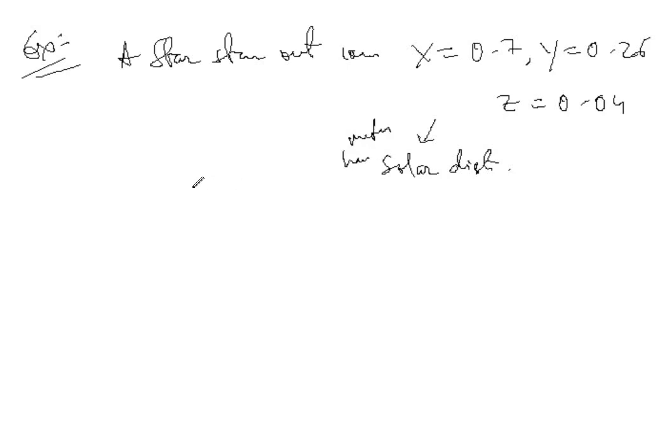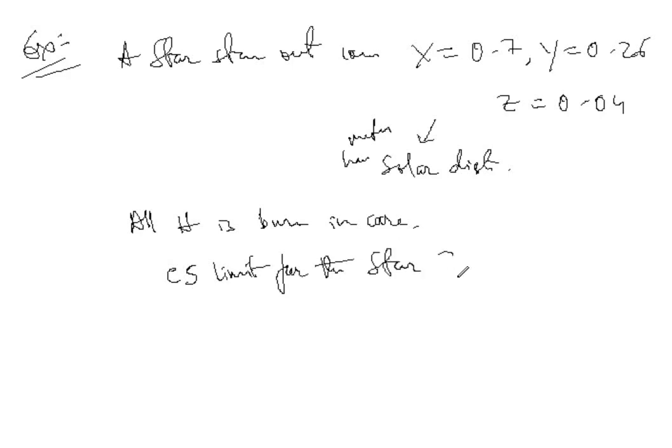Now suppose all hydrogen is burnt in the core. The question is, what is the Chandrashekhar Schonberg limit for the star? Can you calculate this? Just try it out. Well, it is not very hard.